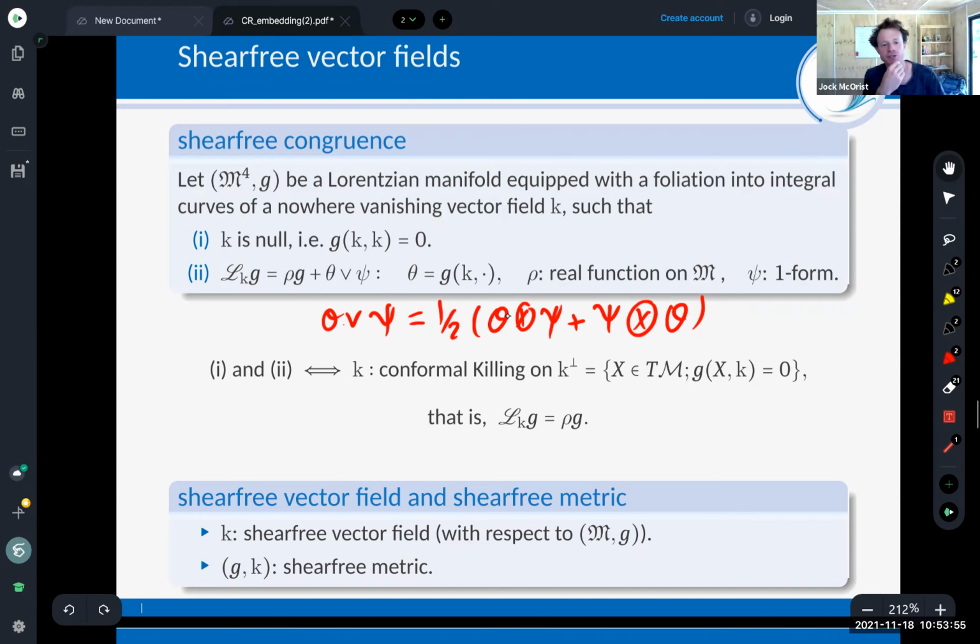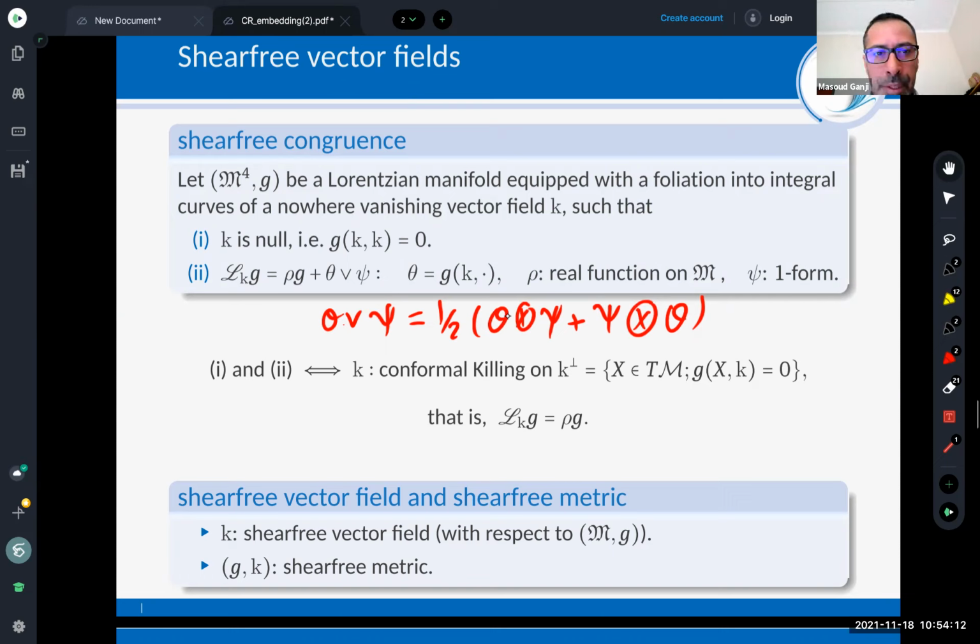Sorry, Masoud, I should probably know this, but what does shear-free mean here? Where does the name come from? There's a very nice book by O'Neill about the notion of shear in physics, and I have proved that in my PhD thesis.